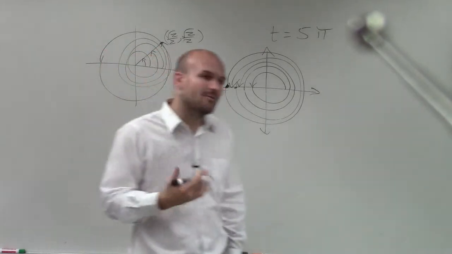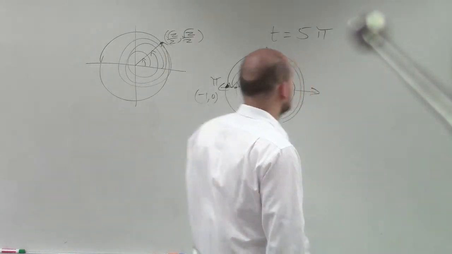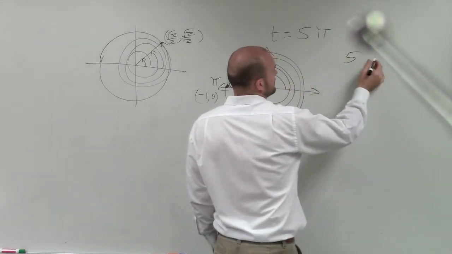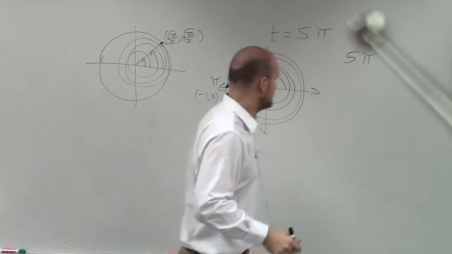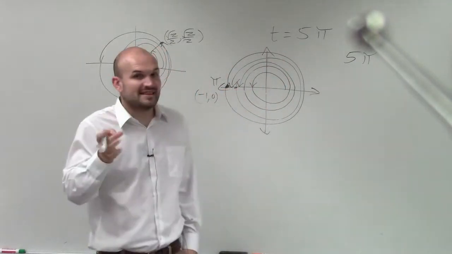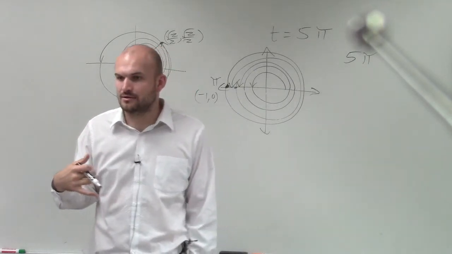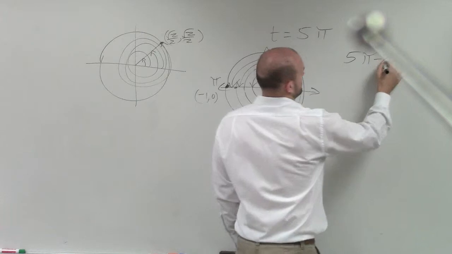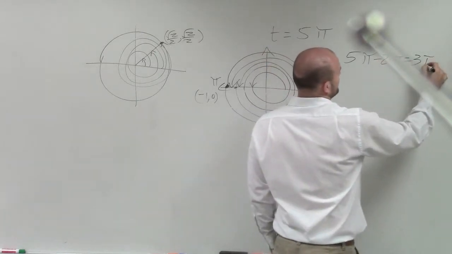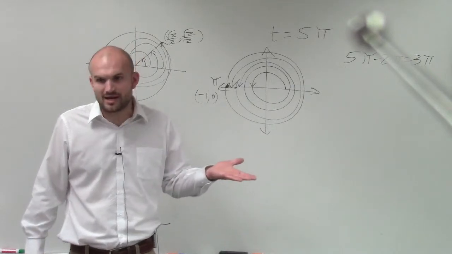All right? But what I'm trying to tell you guys is you don't have to draw every one of those. You can simply take 5 pi and find the coterminal angle. If I want to find the smallest coterminal angle at 5 pi, am I going to add 2 pi or subtract 2 pi? Subtract. That equals 3 pi. Is that between 0 and 2 pi yet?